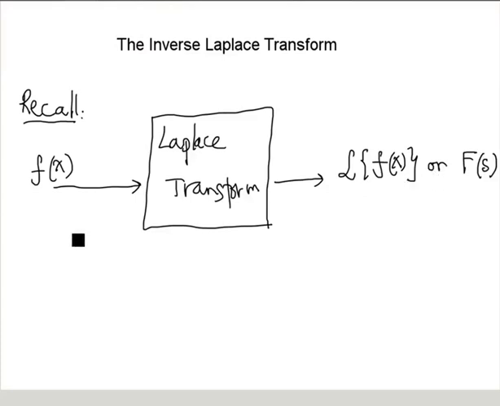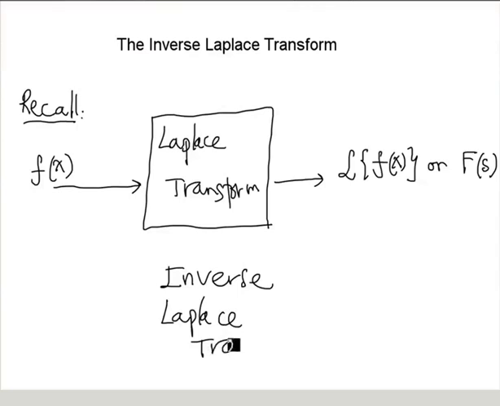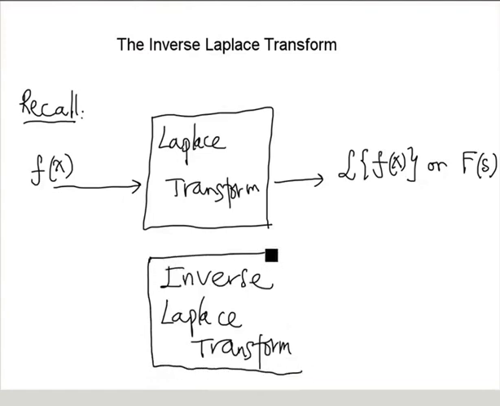In the previous lecture, we saw how to compute the Laplace transform of certain functions. The inverse Laplace transform is kind of the reverse of the Laplace transform. So the input for the inverse Laplace transform is a function of s, capital F of s.